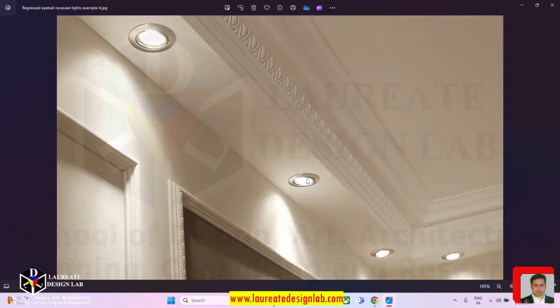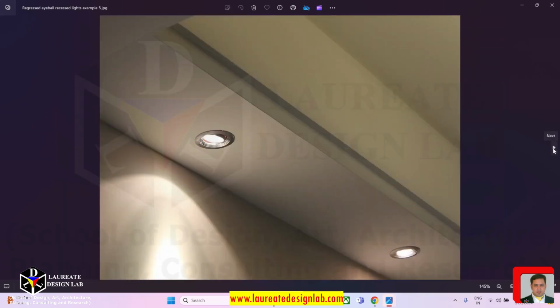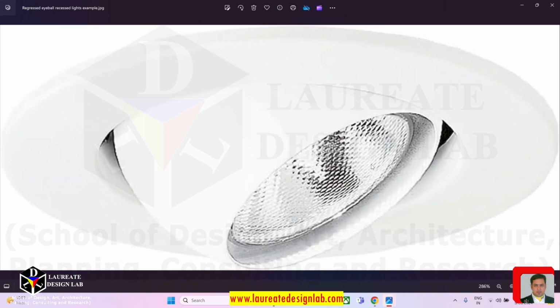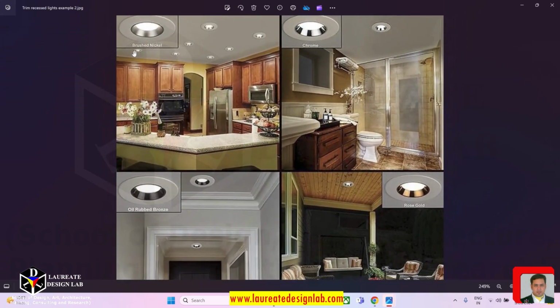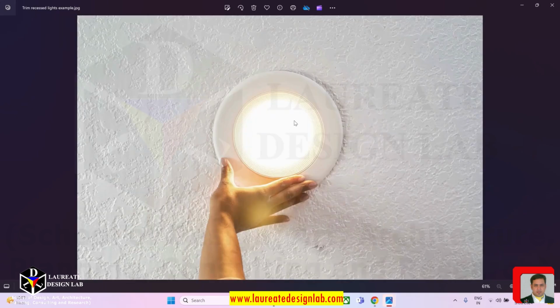This is which one? Recessed eyeball. Recognize this? Eyeball. Now this is which one? This is reflector. This is which one? Cool. This is trim recessed light, because it is flat.